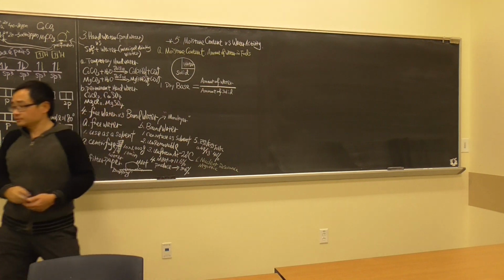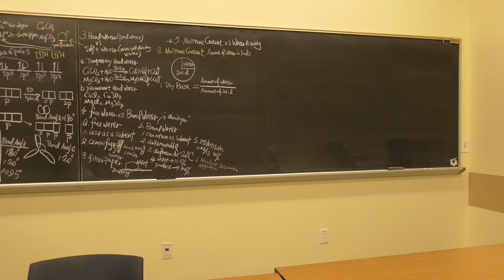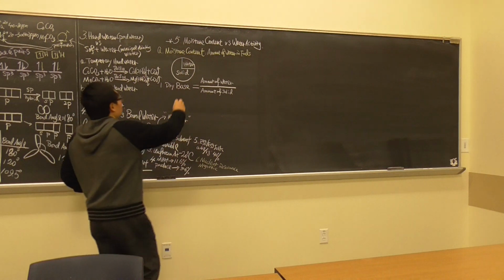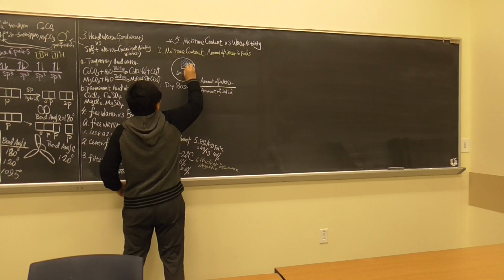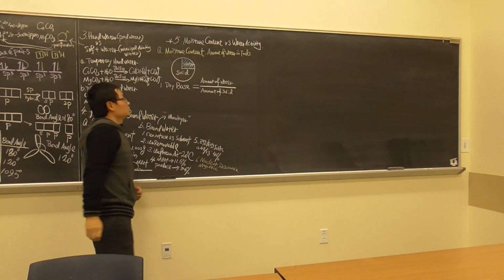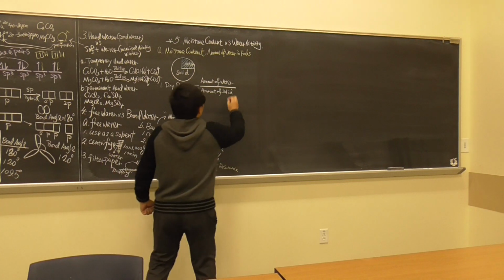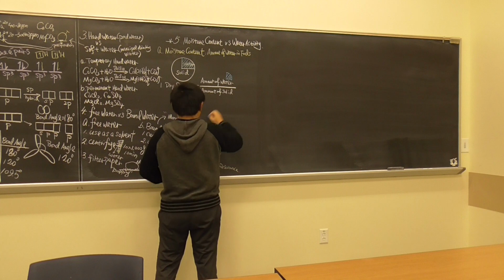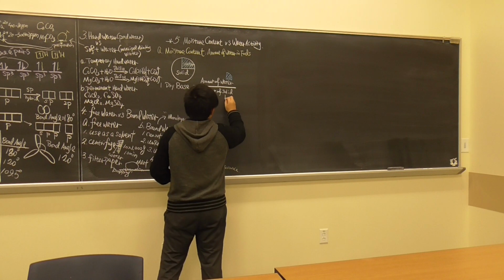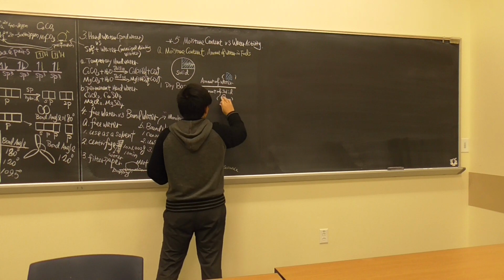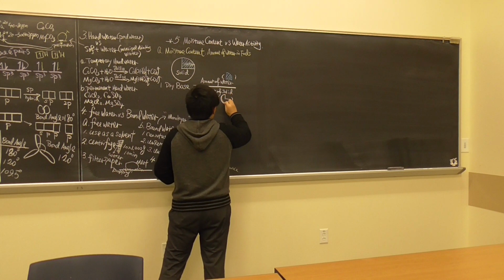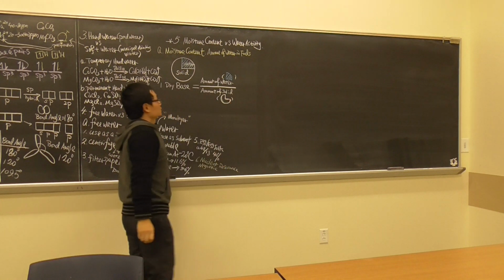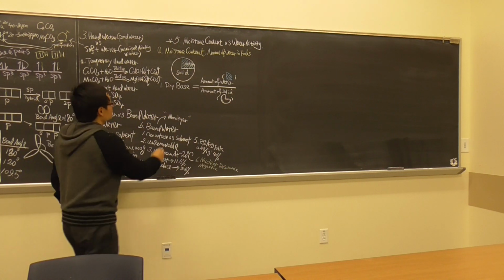Which means it is that 1/4 of a circle divided by 3/4 of a circle. So I just do it like this. This means this part, and that means this section. This is dry base, easy to understand.